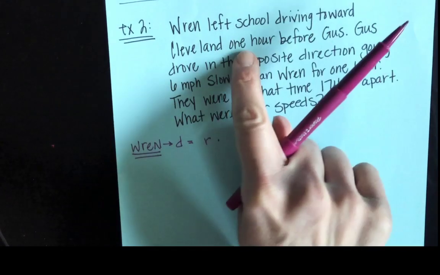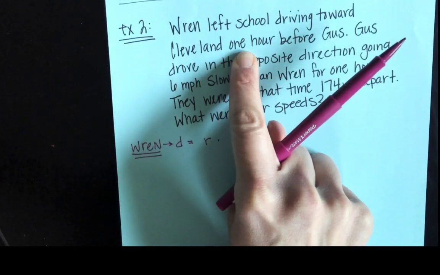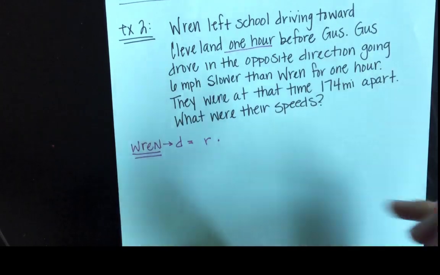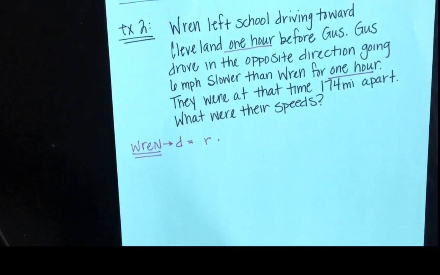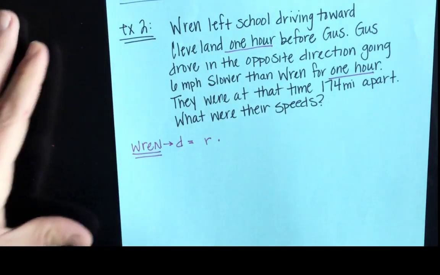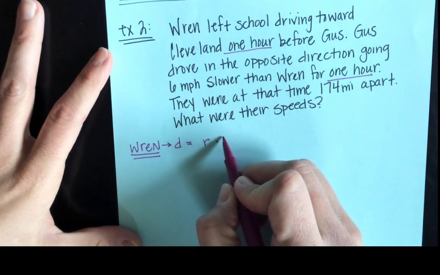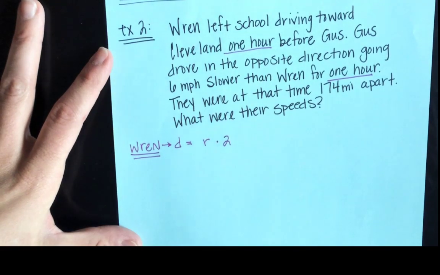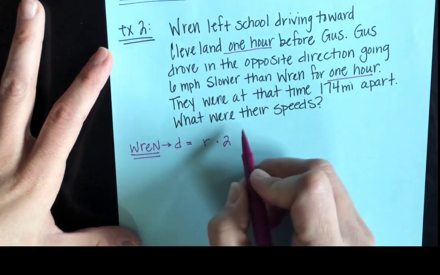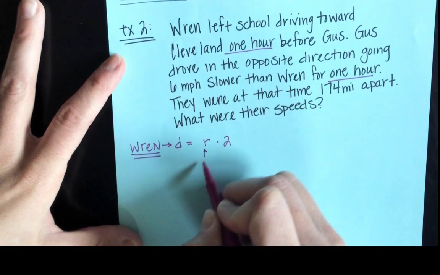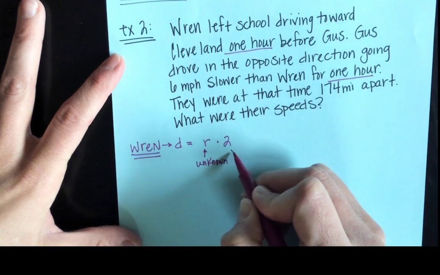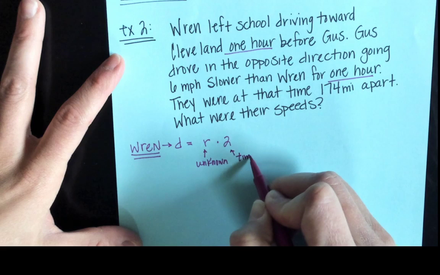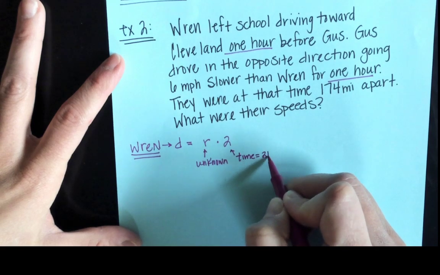It says that she left 1 hour before Gus, and then later it says 1 hour Gus has also been driving. So what we do know is Ren's time is 2. So we don't know what she's driving at miles per hour, but we do know time is 2 hours.